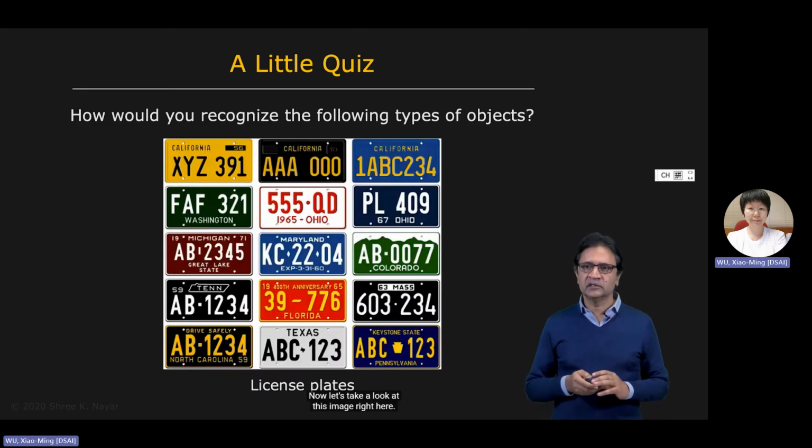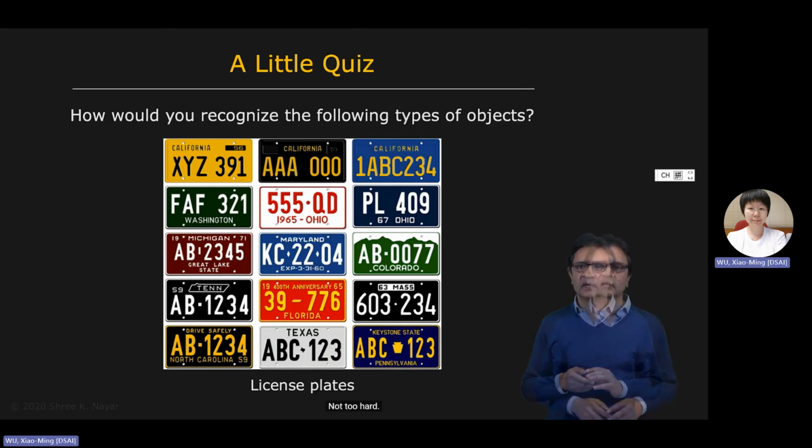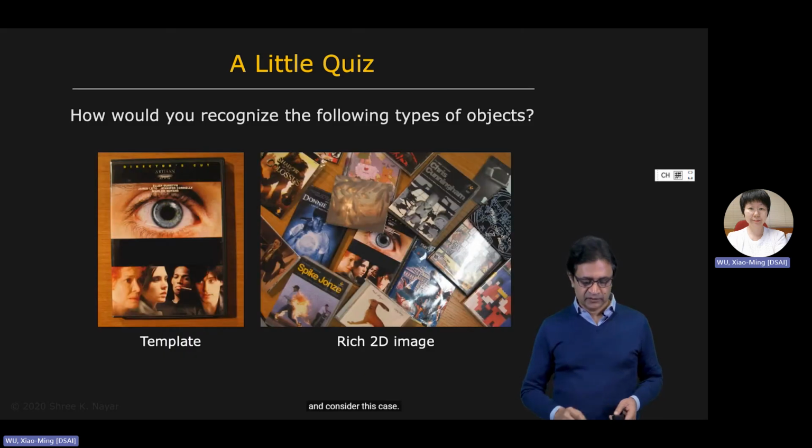Now let's take a look at this image right here. So here again, maybe a slightly more complex image, but once again, you can imagine that you can apply some kind of a thresholding scheme to extract the letters and numbers on these license plates, and then use a simple recognition technique to find them, to recognize them, and read out these license plates. Not too hard. Now let's make things a little bit more interesting and consider this case.